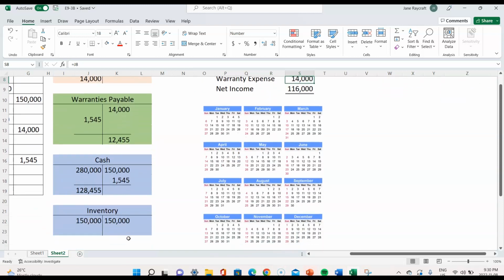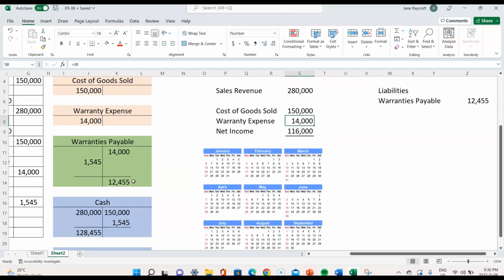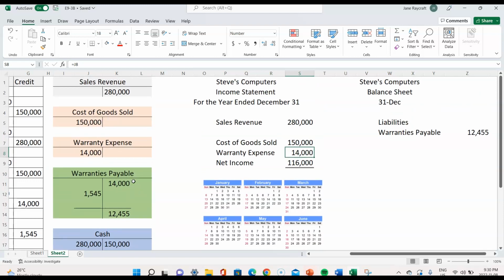Not to mention, we don't have any inventory left. Weirdest company ever. When we bought our inventory, there should probably be some left over if it was a normal company. So you're really not going to get the full picture of what's going on with the company by just thinking about cash. The revenue recognition and expense recognition principles are super important to get the full picture of the income statement.